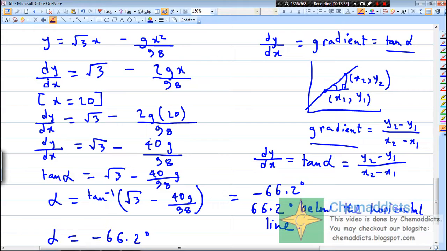Most of the fellas might find the concept difficult: why this value is this, why we need to differentiate this thing, why this should be equal to tan alpha. So that is why we always try to cover everything in one video tutorial. In addition, my language is really bad and my handwriting is really slow. So overall, our video tutorial is really lengthy. I'm really sorry for that, fellas.